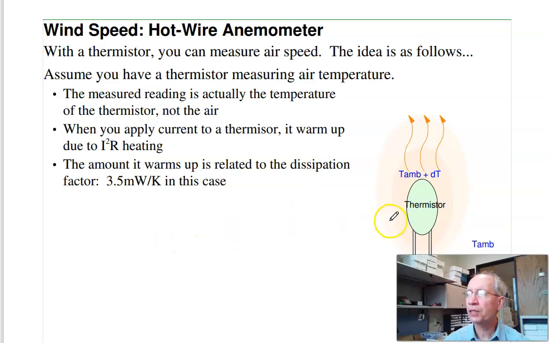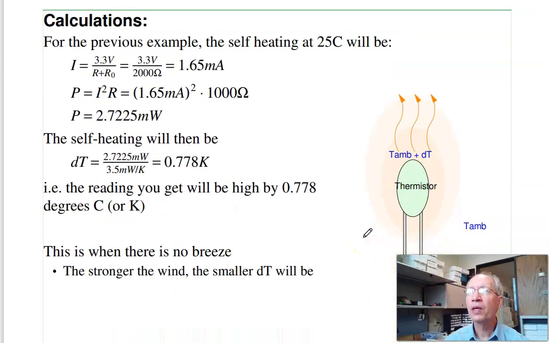In the data sheets for the thermistor, it'll tell you the heat dissipation. That's in still air. This one's 3.5 milliwatts per degree Kelvin. So the more energy I'm dissipating, the hotter the thermistor is going to be relative to ambient temperature. For example, the previous thermistor we looked at at 25 Celsius, if I supply 1.65 milliamps to it, the self-heating will be 2.7 milliwatts.